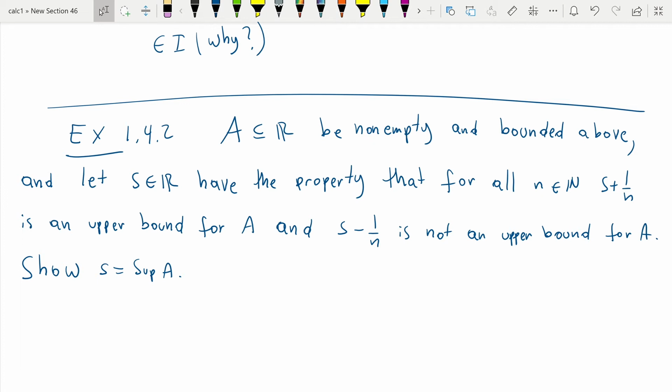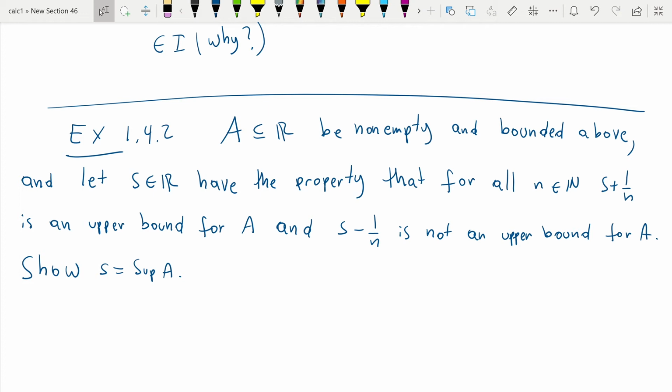But the only two things that you can use to show that something is a supremum are either the definition, meaning that something is an upper bound and is the least of all upper bounds, or the characterization of supremum: you're given an upper bound, and if you subtract anything from that upper bound, you find an element in the set that is bigger than that, then you have your supremum.